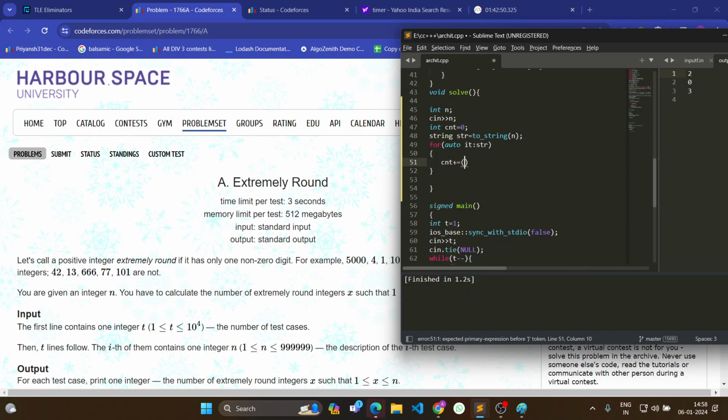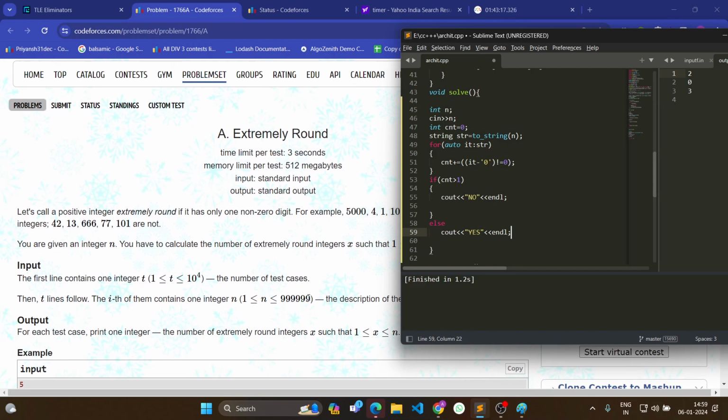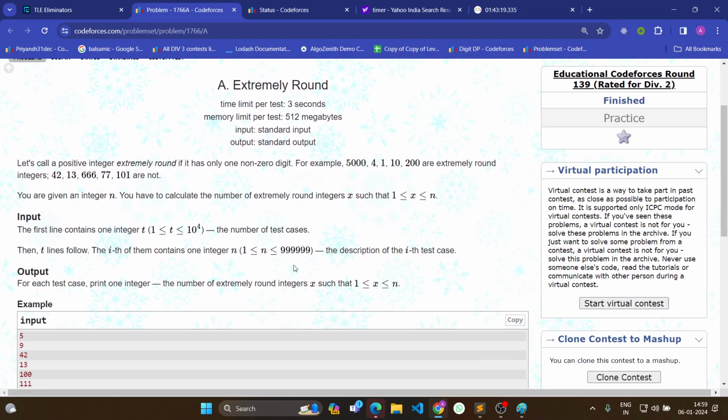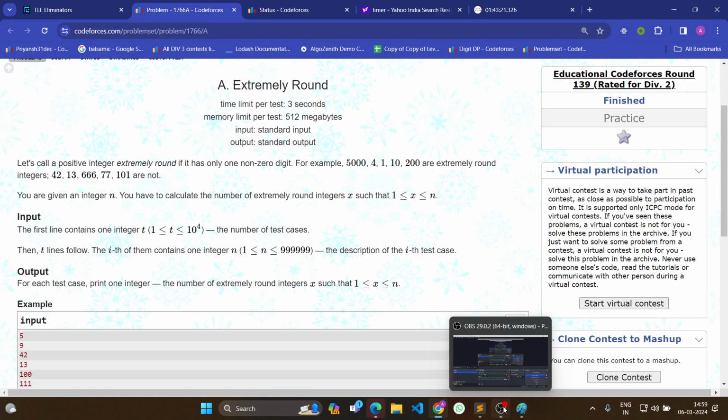Count plus equals to it minus 0 not equal to 0. If count becomes greater than 1, no, else. Okay, and now I have to calculate the number of extremely round digits between n and tag. ये क्या कर दिया मैंने?